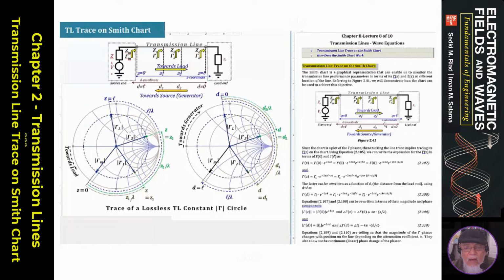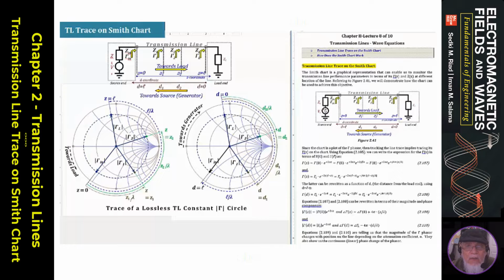If the problem requires that you work backwards and look at the reflection coefficient or the impedance backwards, we would be looking at this side to be the load and this side to be the source, and the labels will be all opposite. But in general, we will always be labeling things in that direction.